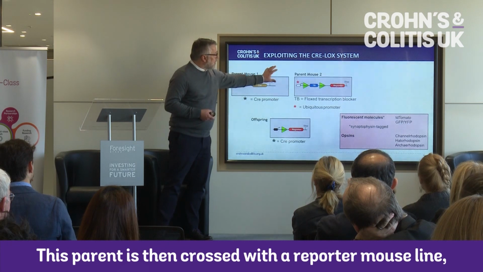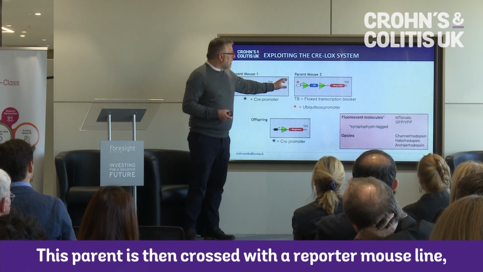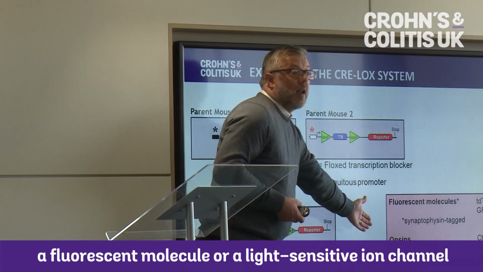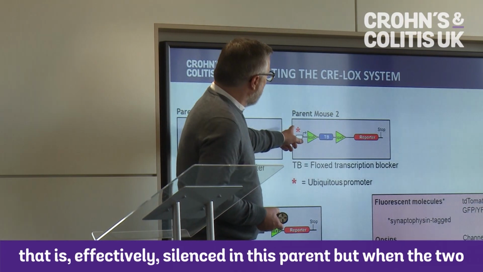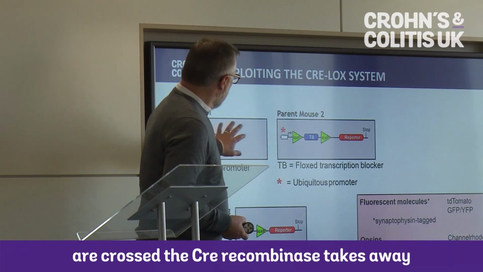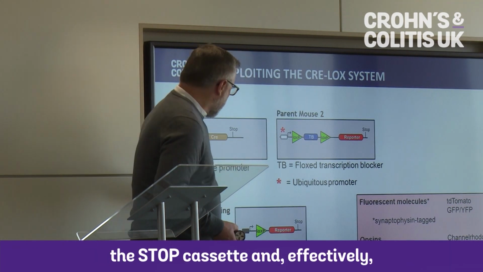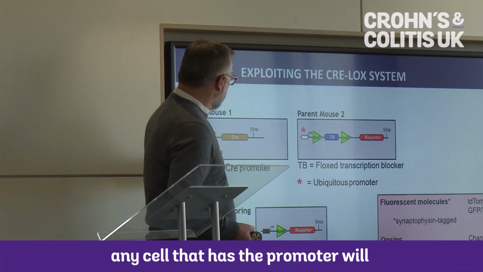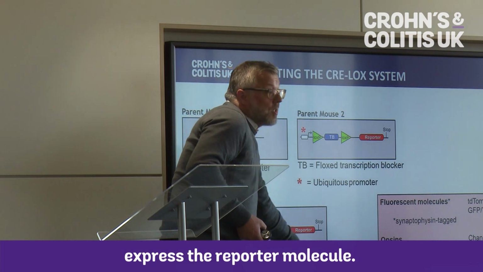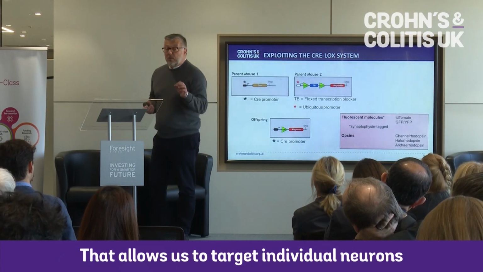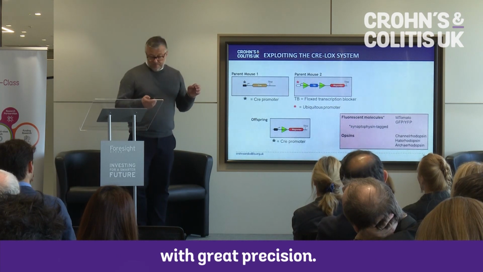This parent is then crossed with a reporter mouse line, where there's a reporter sequence for either a fluorescent molecule or a light-sensitive ion channel that's effectively silenced in this parent. When the two are crossed, the Cre recombinase takes away the stop cassettes, and effectively any cell that has the promoter will express the reporter molecule. That allows us to target individual neurons with great precision.